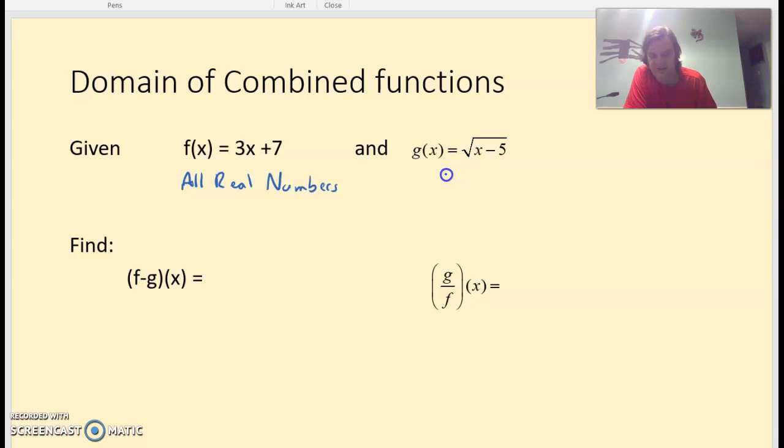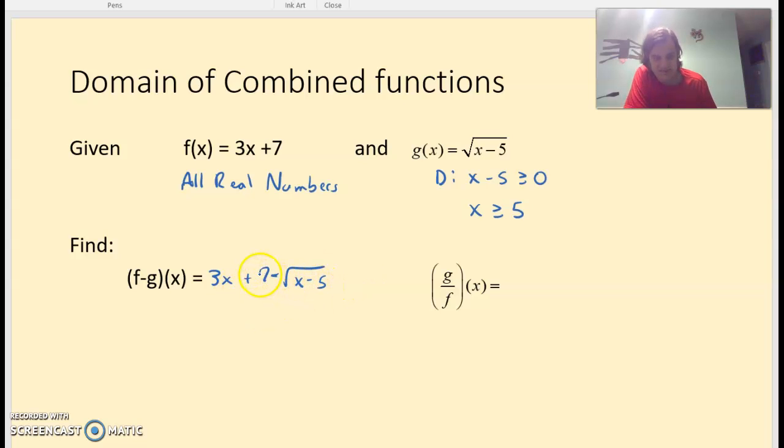So that's the square root, so that has a domain issue, meaning x minus 5 has to be greater than or equal to 0. So that means the domain has to be numbers greater than or equal to 5. Okay. So when we do f minus g, it'll look like 3x plus 7 minus the square root of x minus 5.